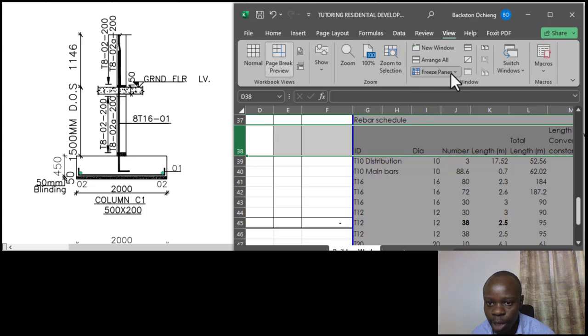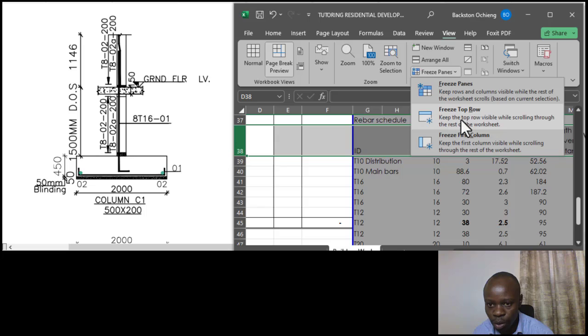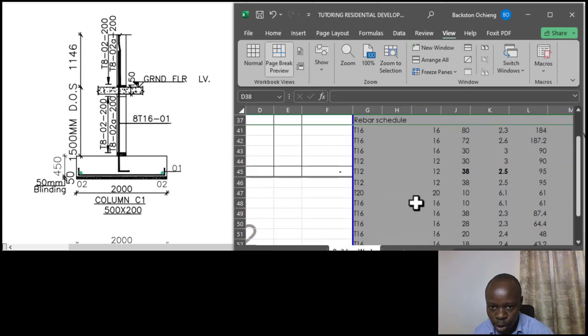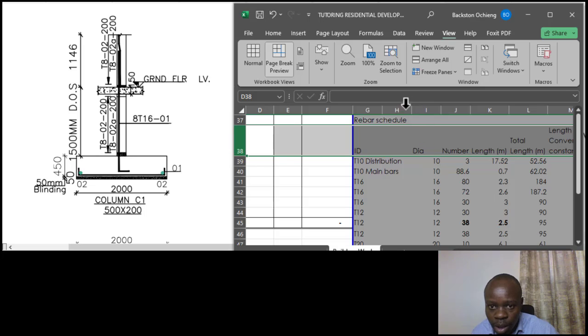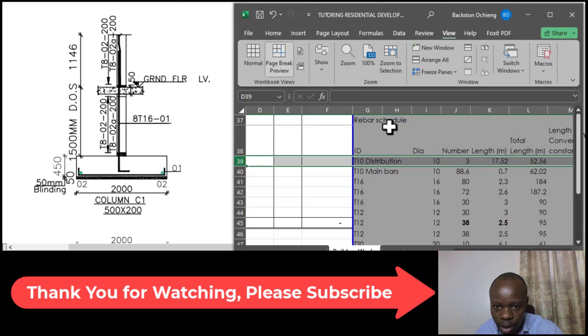From the view tab, you go to freeze panes. Then you freeze the top row.